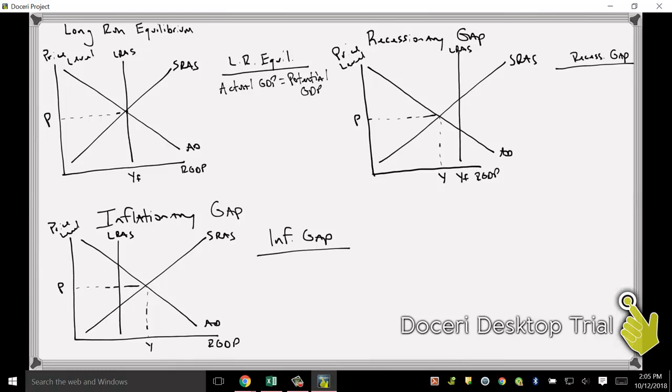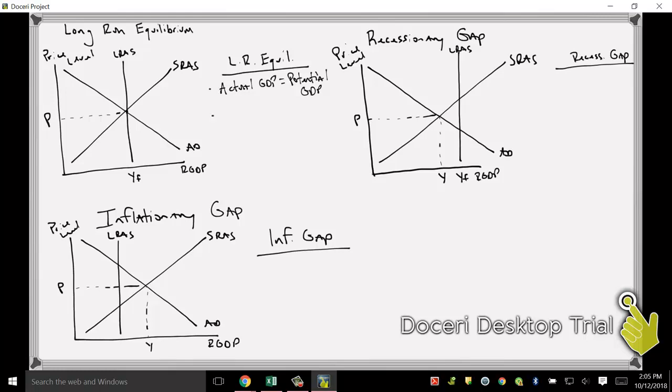So we need to remember that our short run equilibrium is always our actual. So that's wherever the SRAS and the AD intersect. The LRAS is always representing our potential for our economy. So whenever the three curves are all intersecting together, that's the point where we are producing at our potential, which is a great spot for an economy to be.